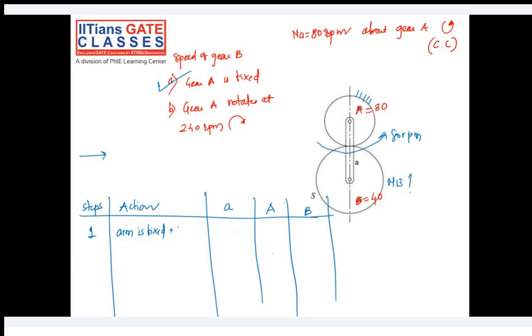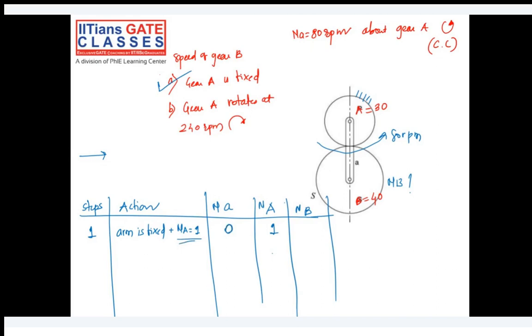NA equal to 1 means the revolution of gear A is 1 and the arm is fixed, meaning its speed is 0. Are you getting it? So we are fixing the arm, meaning the speed of the arm is 0, and we are rotating the first gear by 1, so NA becomes 1.